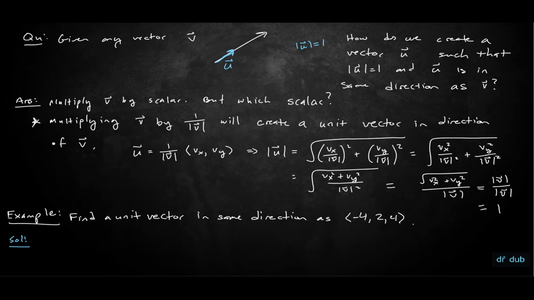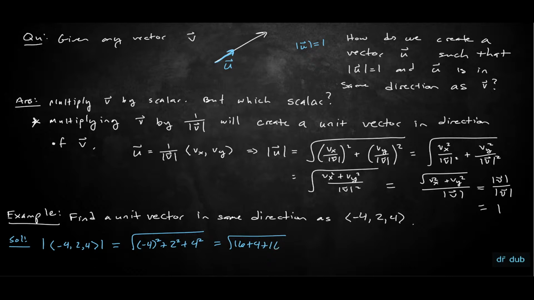So what we need to do is take the magnitude of this vector and then divide by the magnitude. So the magnitude of -4, 2, 4 is going to be the square root of -4 squared plus 2 squared plus 4 squared, which is the square root of 16 plus 4 plus 16, which is 32 plus 4, which is 36. So the square root of 36, which is 6.